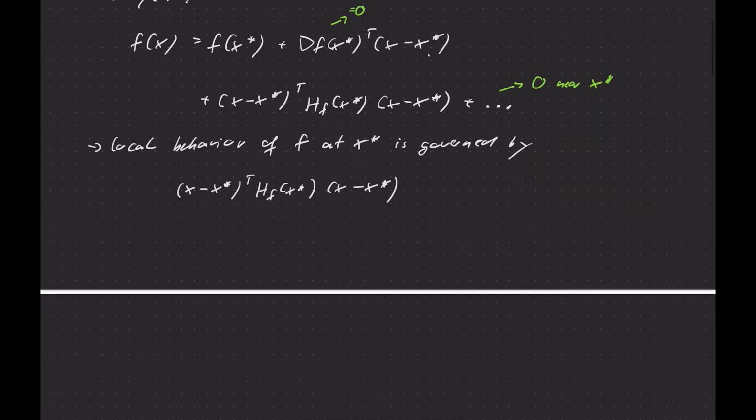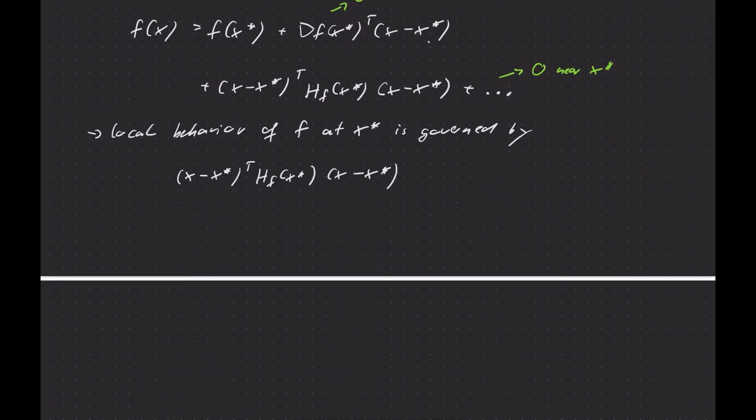Okay, so if that expression is positive or at least not negative, then x star needs to be a minimizer. Otherwise, we could get function values that are lower. And of course, the reverse is also true.